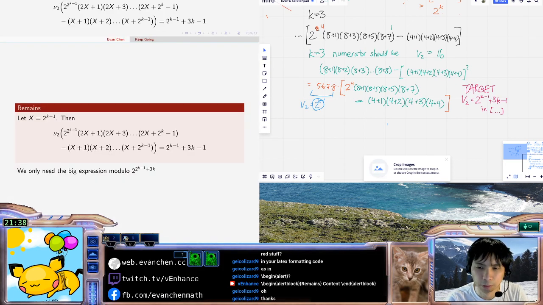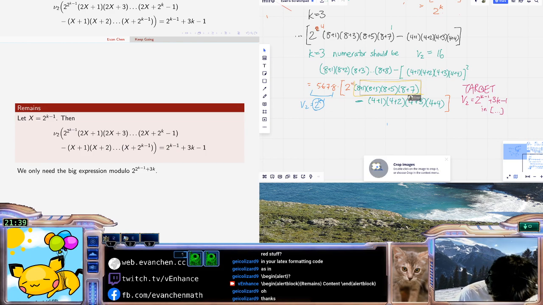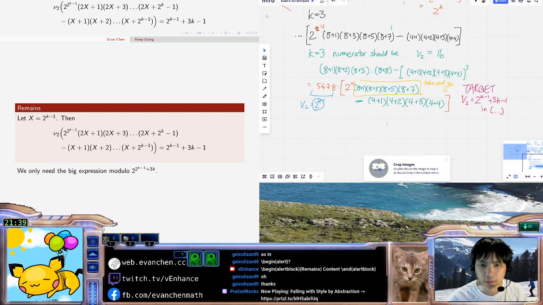Wow, that's a mouthful. So that means this part here, you can take mod 2 to the 3k and it'll be okay. So that means I can sort of take that thing and expand it, and everything that's higher than cubic will actually vanish. That will actually make my life much, much easier.